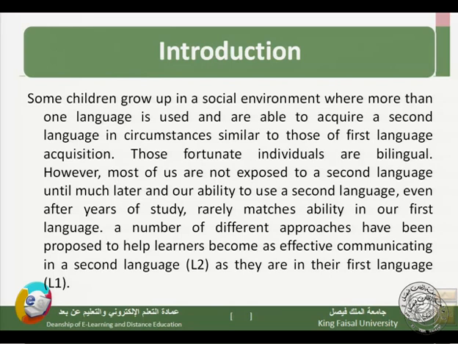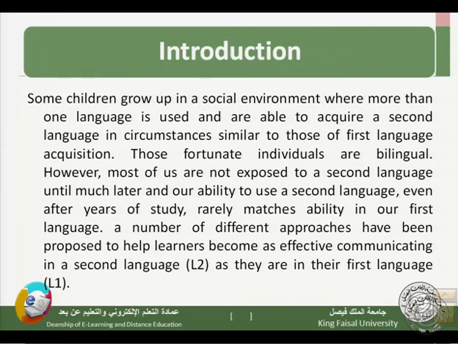So the people who acquire the two languages at the same age of first language acquisition are called bilingual people. However, most of us are not exposed to a second language until much later, and our ability to use a second language even after years of study rarely matches ability in our first language.